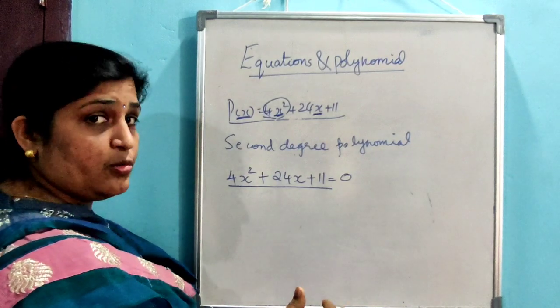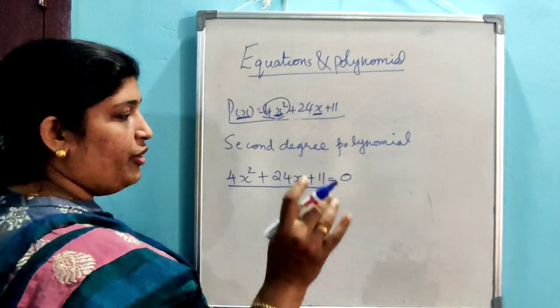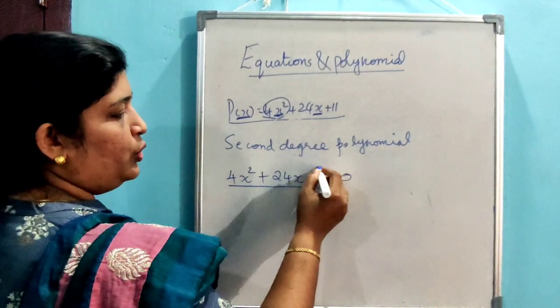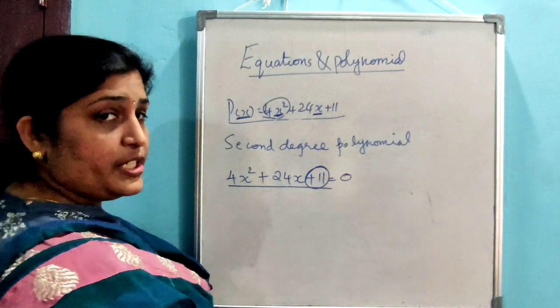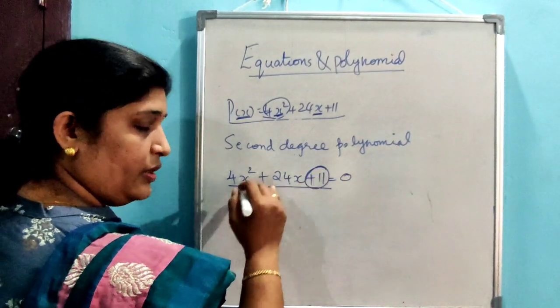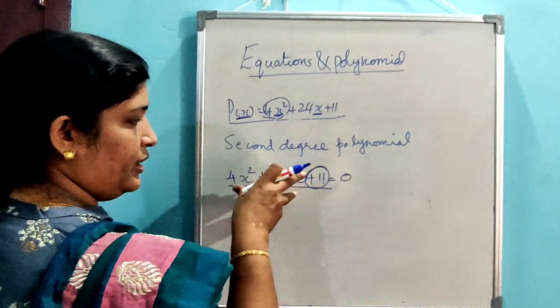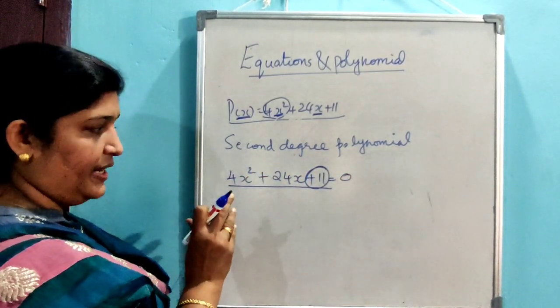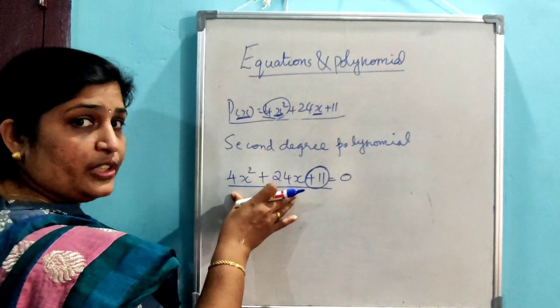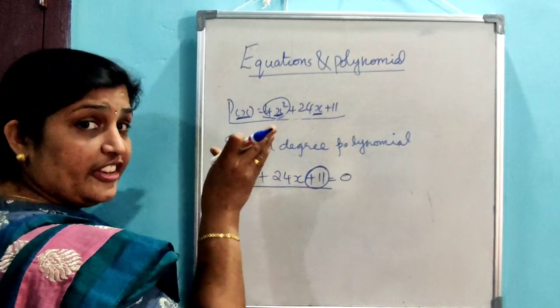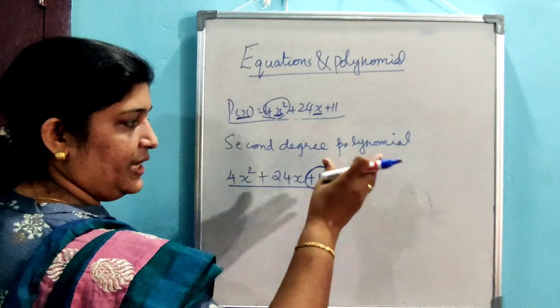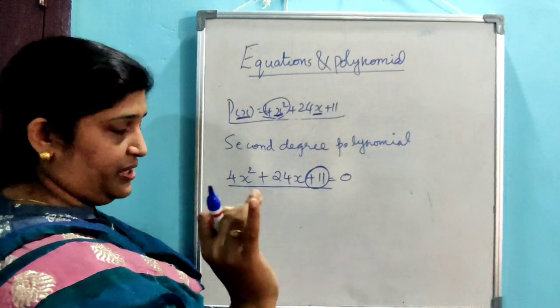Then how do we solve this? What are the steps? Yes, first step is to move the constant term. This is our constant term in this polynomial. First move the constant term to one side and the variables to the other side. So on the left hand side of the equation, we need only the variables, and on the right hand side, we need the numbers.